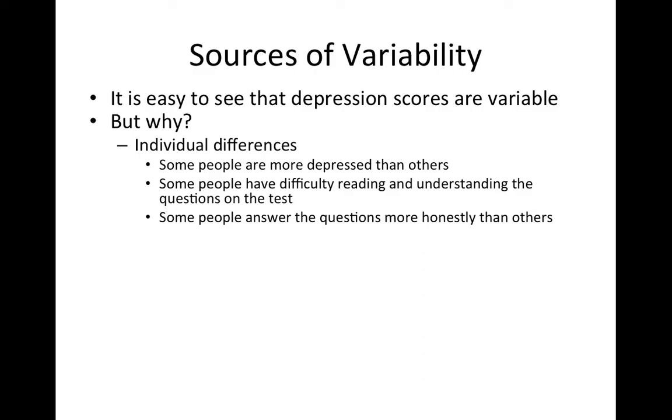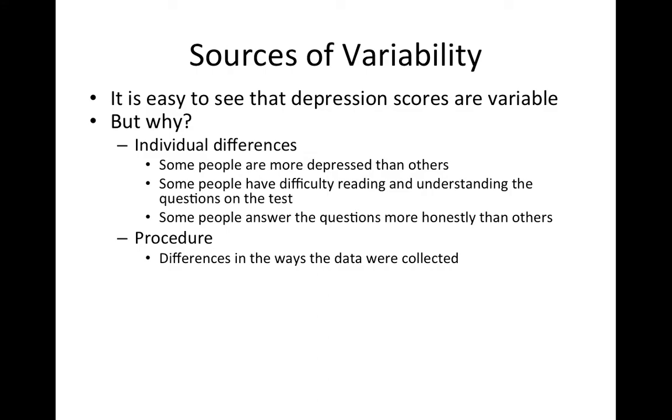Some people may try to figure out in an experiment what the scientist is trying to do and try to give them the answer that they think is correct. Or they might lie a little bit because they feel their condition is worse or better off than other people. So those are sources of variability that we refer to as individual differences.